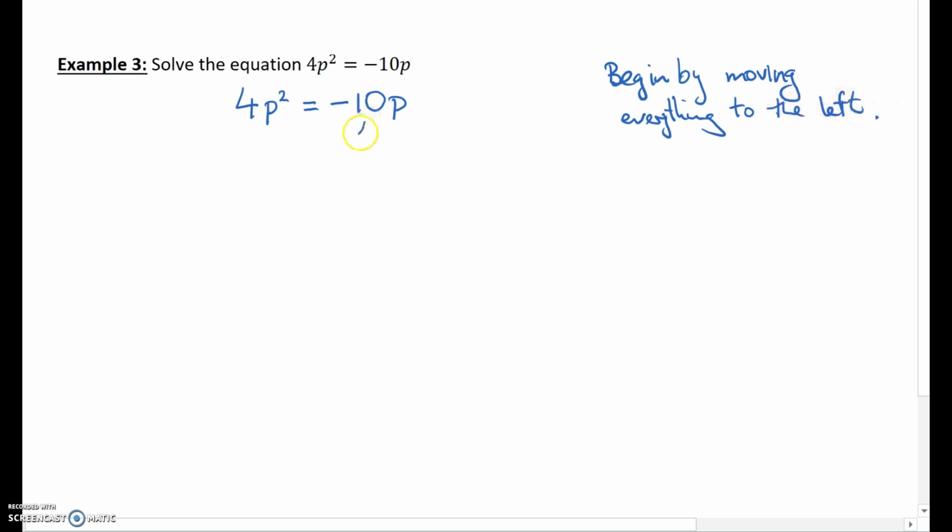Now, that means we're going to move the negative 10p across here. And that will leave us with 4p squared. Move the minus 10 across, becomes plus 10p. Okay, now we're ready to begin.